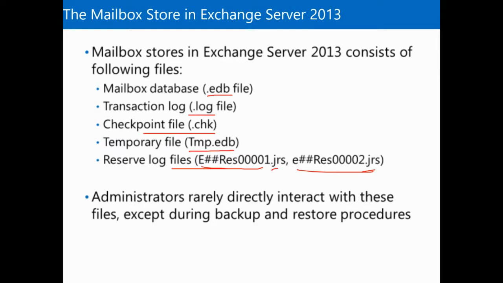When Exchange 2013 runs out of disk space, it writes the current transaction to disk using the space reserved by the reserve transaction logs, and then dismounts the database. The reserved transaction logs ensure minimal loss of data that is in transit to the database. The reserved transaction logs are always 1 megabyte each.